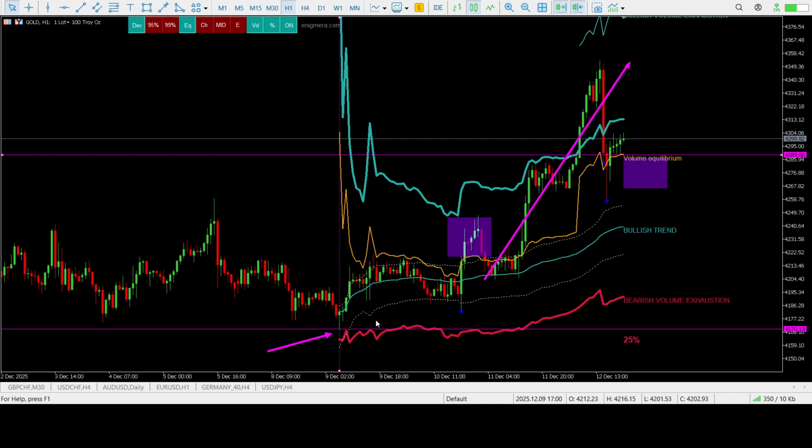The indicator is calculating the volume since the beginning of the trend for each moment. How is this blue dot calculated and what does it mean?